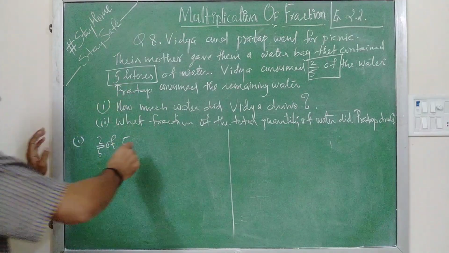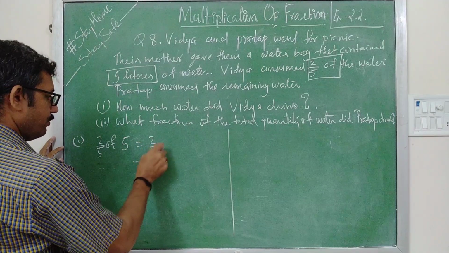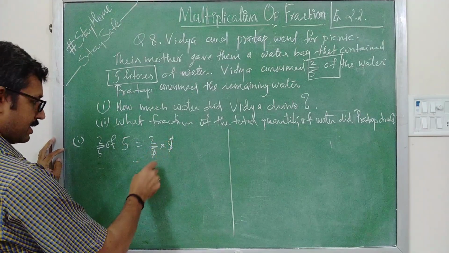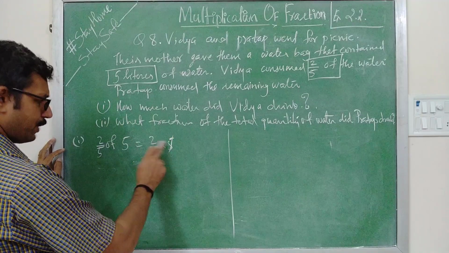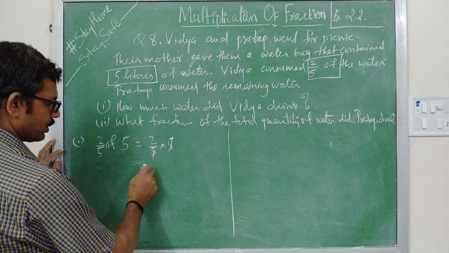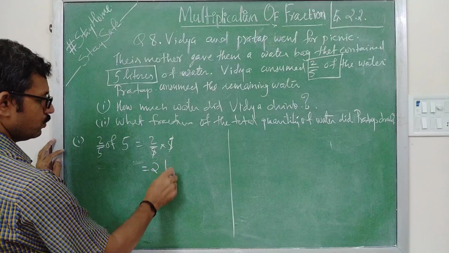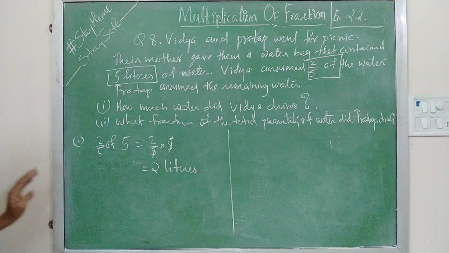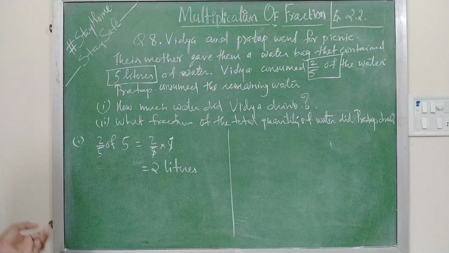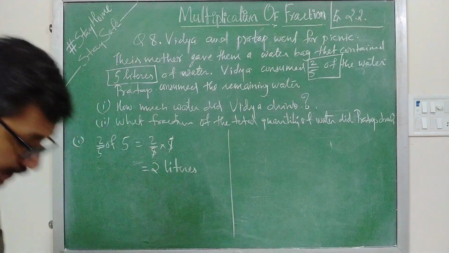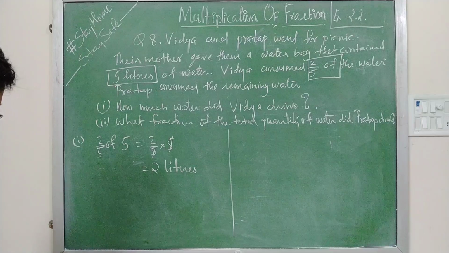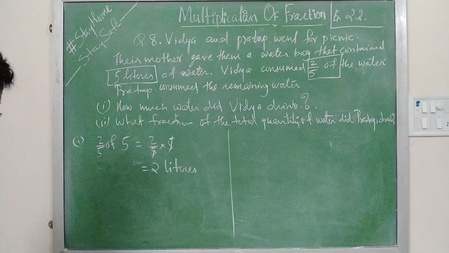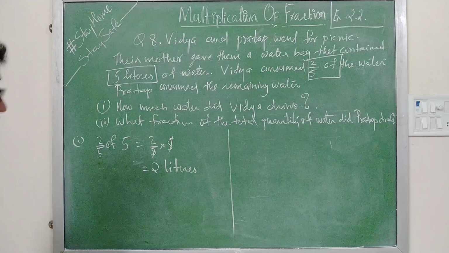So which is equal to what you can write? 2/5 into 5. So here you know that 5 cancel you can do. Otherwise 5 2s are 10, 10/5, like that also you can do. So which is equal to 2 liters. Understand?